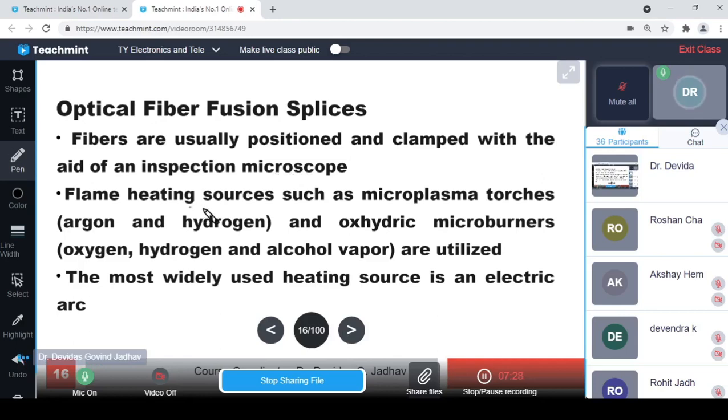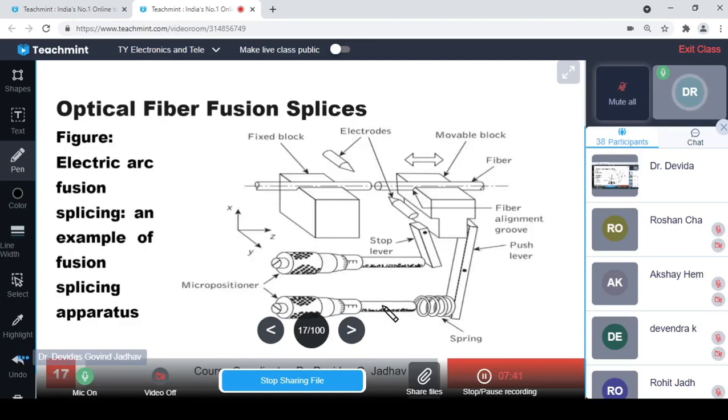So flame heating is used, in which either a gaseous material flame or an electrical arc is used. The electrical arc is better because it is very much controllable. There is a movable block and a fixed block in the fusion splicing machine, and there is the electrical arc.